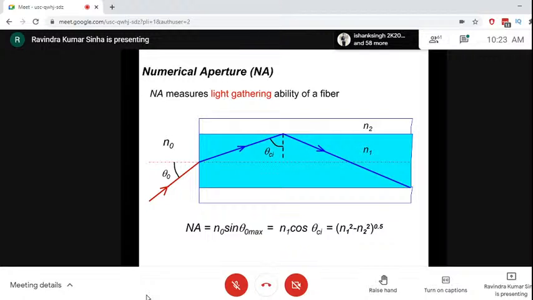Sine theta c is n2 by n1, so it will be n2 square by n1 square, and the square root. That will be equal to the square root of n1 square minus n2 square, divided by n1. This n1 will be cancelled, and therefore it will become n1 square minus n2 square to the power half. Is it all right?